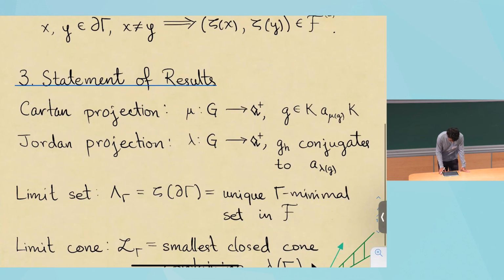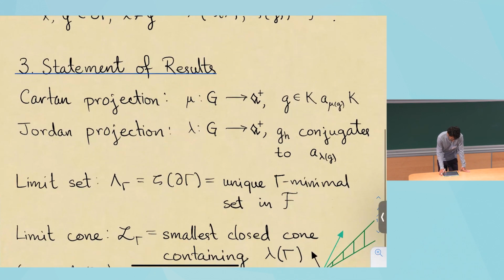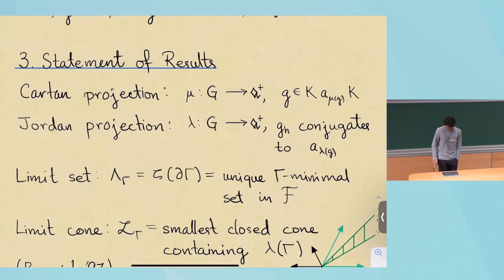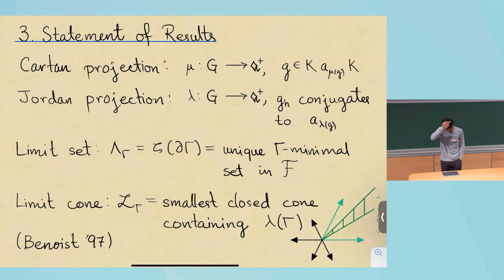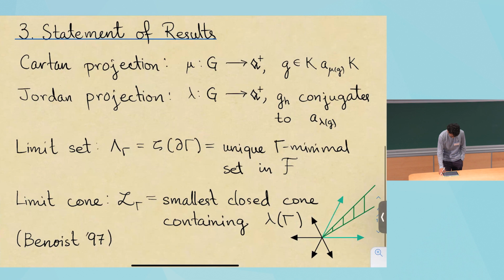Okay, now I want to get into the statement of the results, but I need a little bit more background before that. So recall this Cartan projection, mu. In Kant's talk he changed it to kappa, but I'm used to mu. And then we have this Jordan projection.